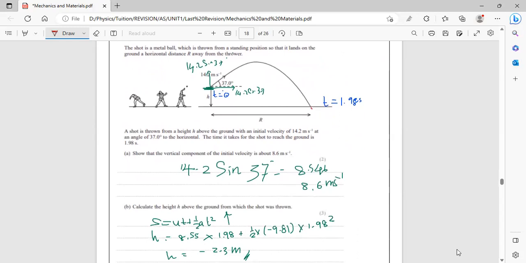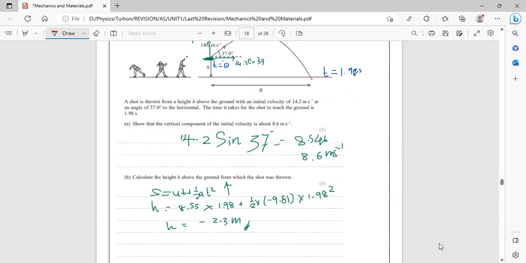Calculate the height above the ground from which the shot was thrown. So basically, you need to find the displacement. You know the vertical component of the initial velocity. We found it, 8.55. We know the time taken for it to reach the ground, 1.98. We know the acceleration is 9.81, right?